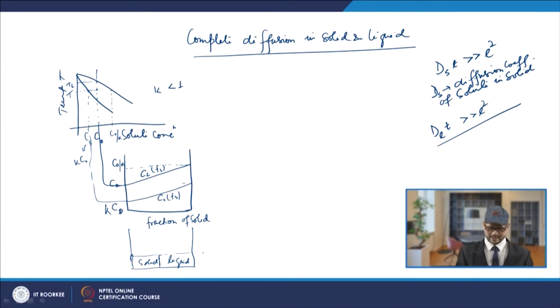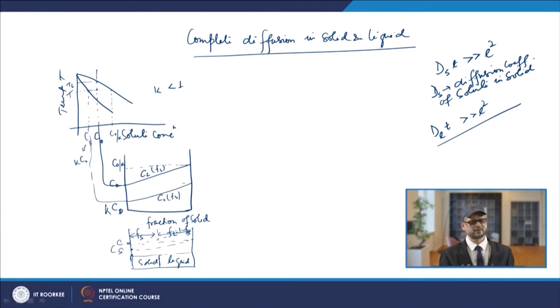As you have seen, for the solid it goes from Cs up to C naught, and similarly for the liquid it will be moving further to this value. So this part is the fraction of solid, and this will be the fraction of liquid. So fraction of liquid is nothing but 1 minus fraction of solid.